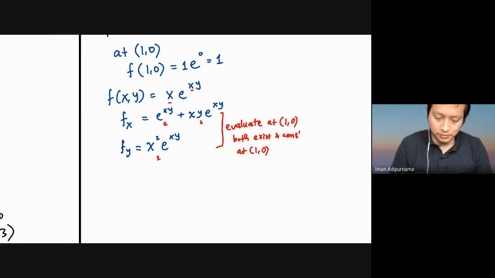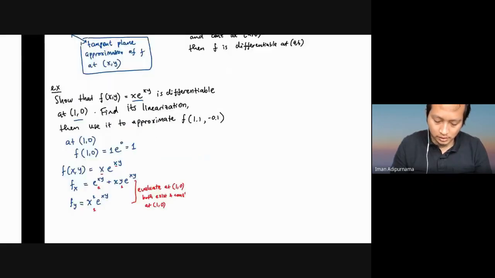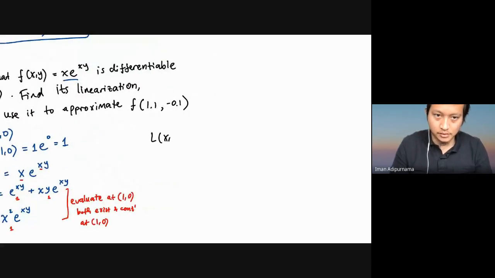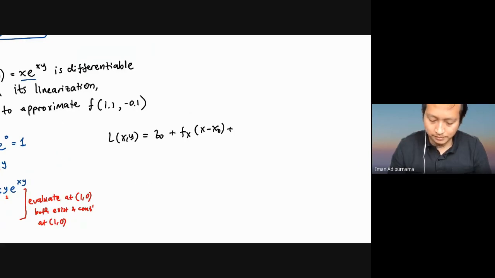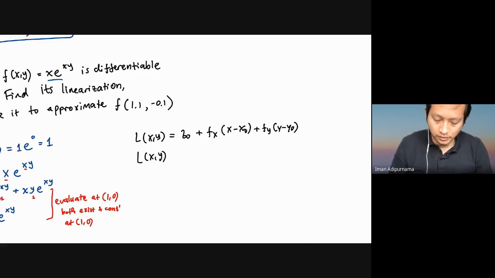And then we can write the linearization. Let me write the formula first so that you remember the formula. z0 means when we plug in 1 and 0 to our original equation.